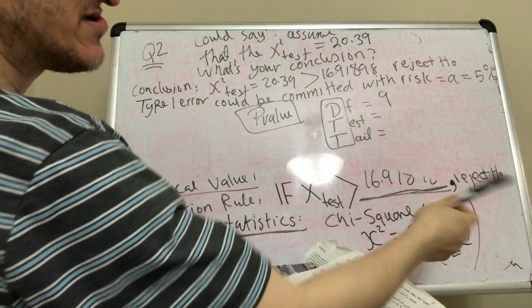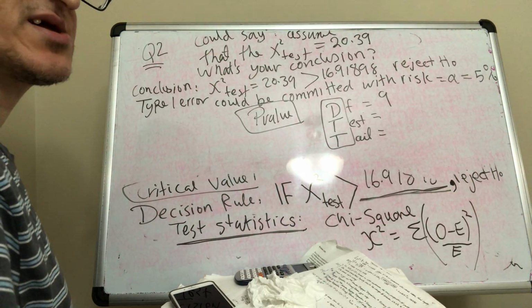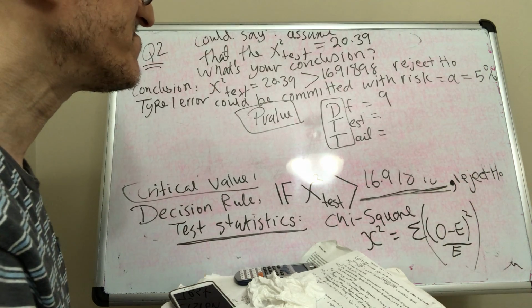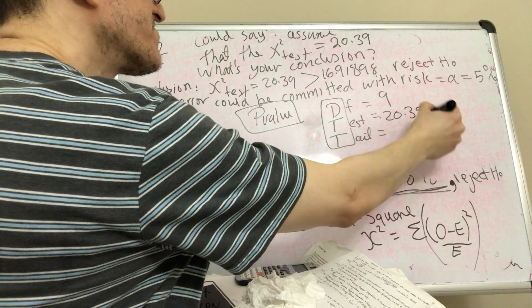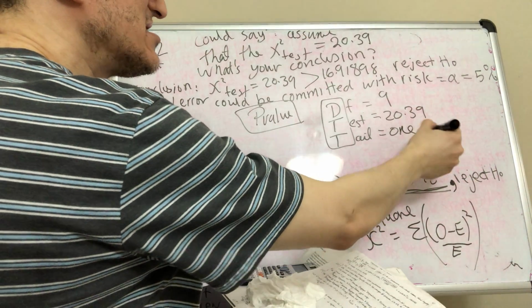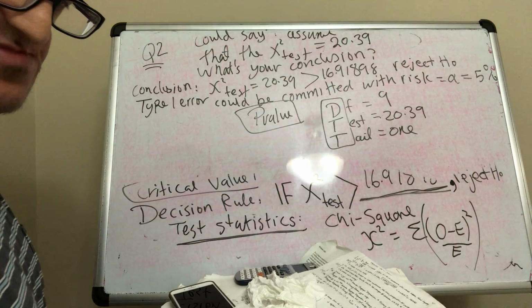We know it's degrees of freedom 9, rows minus 1 times columns minus 1. They give us the test statistic, and it's one tail because chi is always one tail.